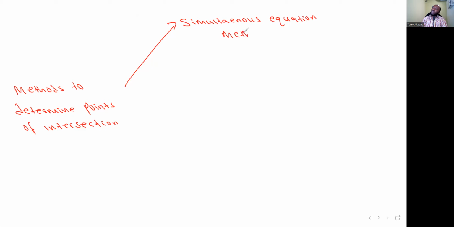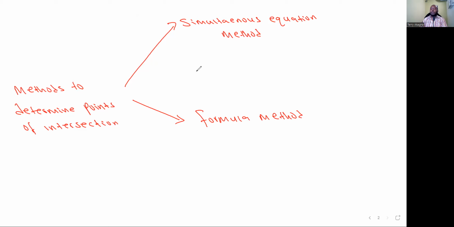In this case, we just equate both of them and solve them simultaneously. And the last one I'm going to use is the formula method. Like I always tell students, unless the question specifies, you can use any method to solve, okay? So in the next video, I'm going to start with the first one, simultaneous equation, and I'll round it up with the formula method, all right?